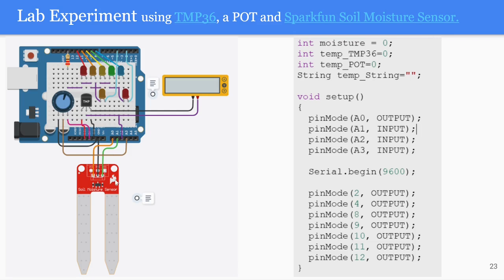So here we have three, I'll say, sensors. So one is this, the soil moisture sensor. It's from SparkFun. If you just click here, you will go to the detail. But in Tinkercad, this is available. It's very handy.